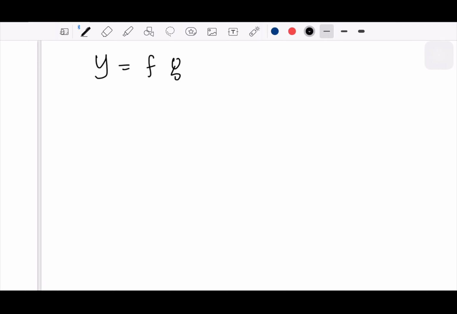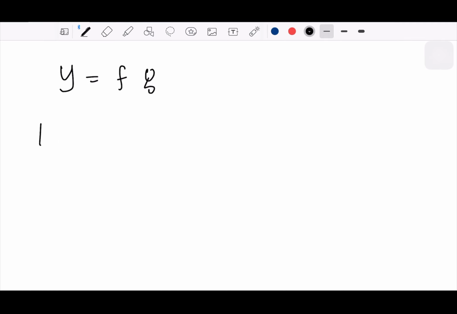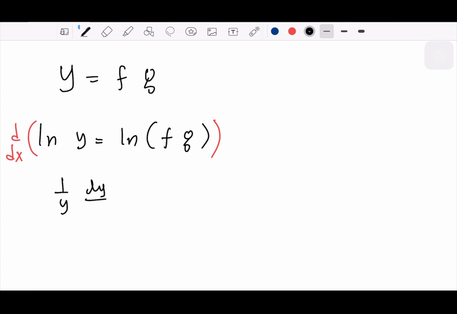Let's say we have y equal to f times g, and we can take the ln and then take the derivative, and this ln we can write as ln f plus ln g, right?